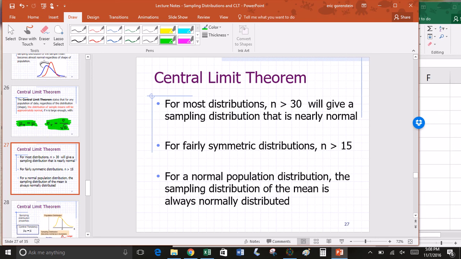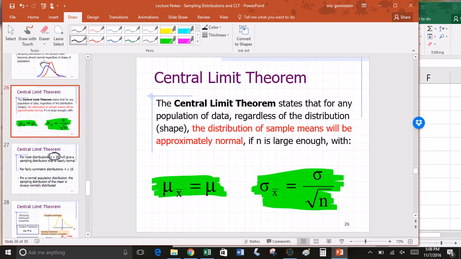So I was saying earlier, if the sample is large enough, normally we say if the sample is larger than 30. Sometimes we could use a smaller sample size if we have some type of symmetric distribution, but to be safe, we'll use this as a threshold. If our sample size is larger than 30, then the distribution of means will be normal with this mean and standard deviation.